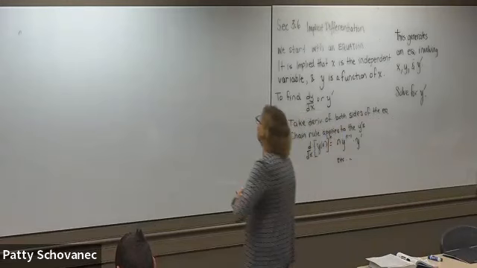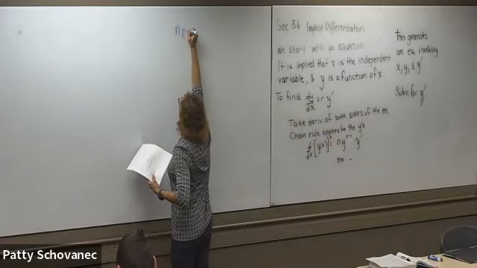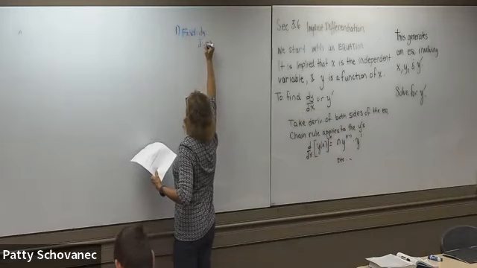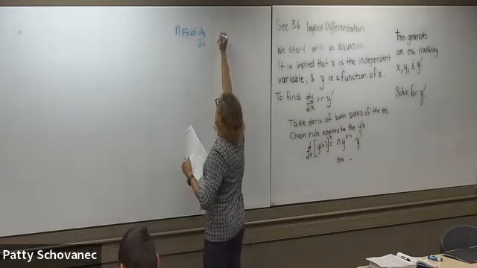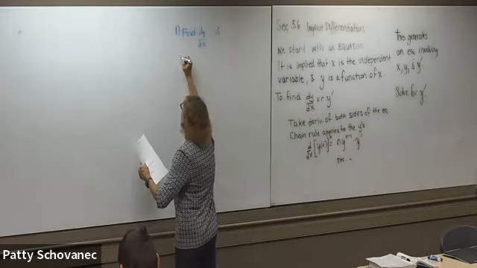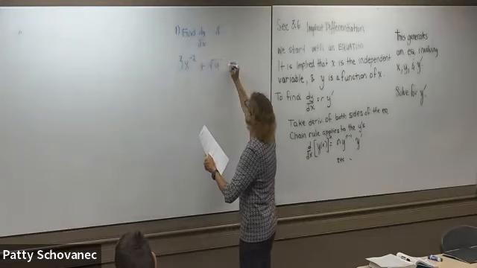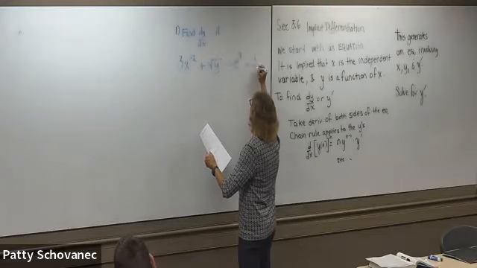So my first equation, I'm asking you to find the derivative of y with respect to x. And the equation in this case is 3 times x to the negative 2 plus the square root of y minus e to the y is equal to 1 over x.